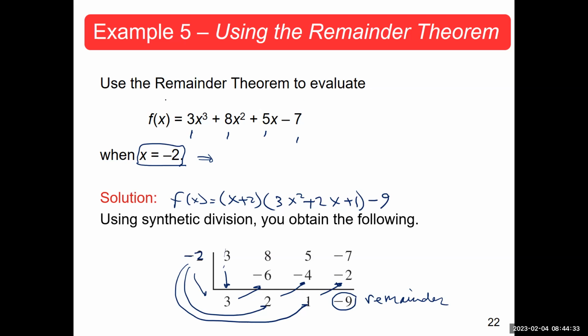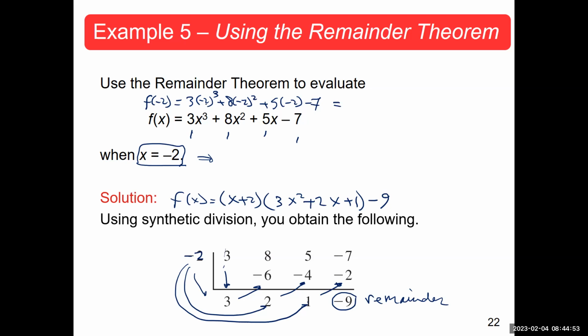Remainder theorem: f(-2) equals 3 times (-2) cubed plus 8 times (-2) squared plus 5 multiplied by -2 minus 7.